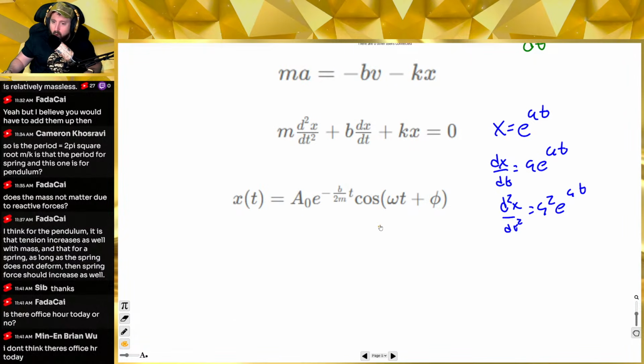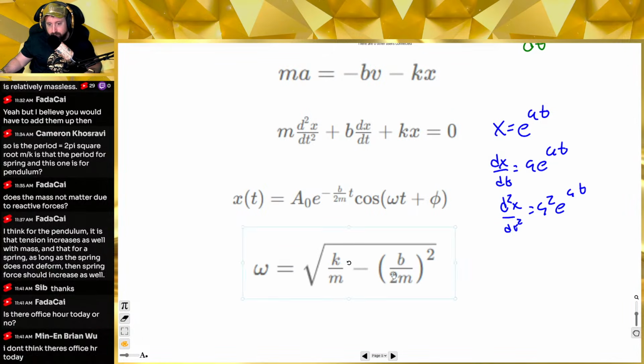Now solving for omega, in order to satisfy this, is not as simple. Again, I will do it during office hours if you want. It's a fun derivation. But you end up finding that omega is equal to this. So this is the frequency of your oscillations. And we should note, this is something cool.